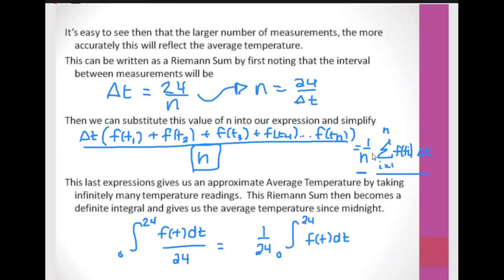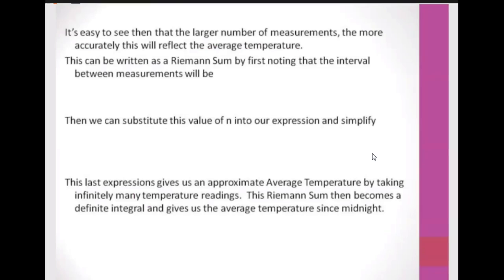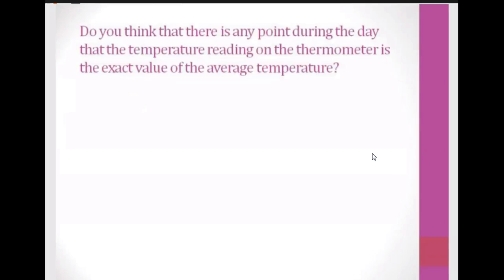As a talking point, it says, do you think that at any point during the day, the temperature reading on the thermometer would be the exact value of the average temperature? So again, what that means is we know temperature is continuous.